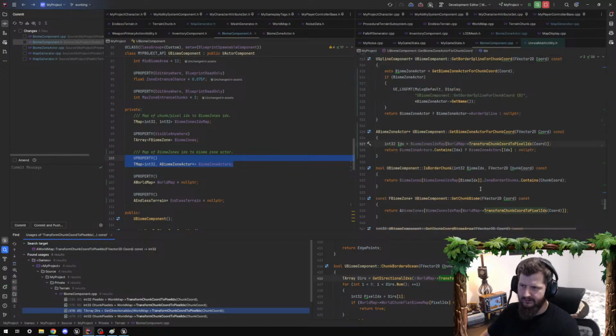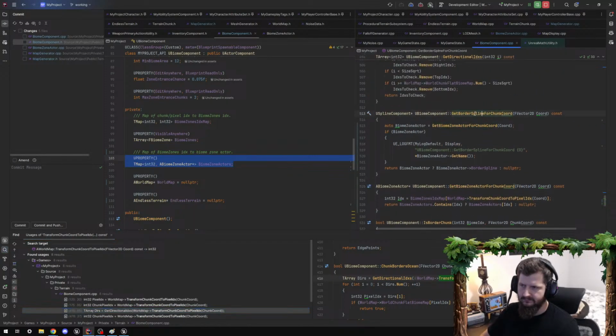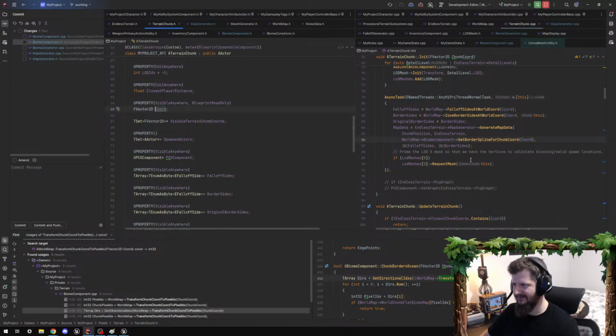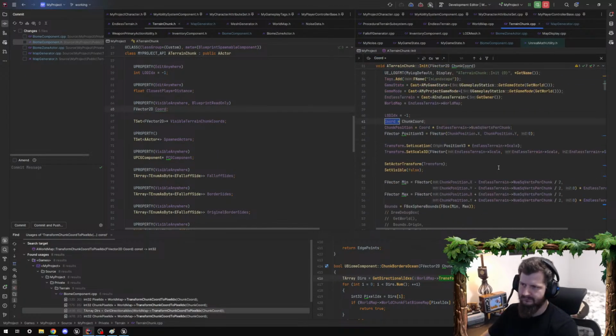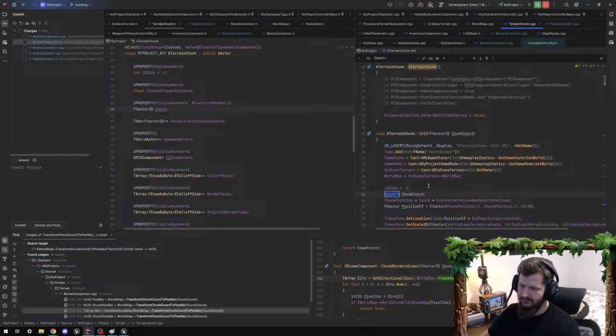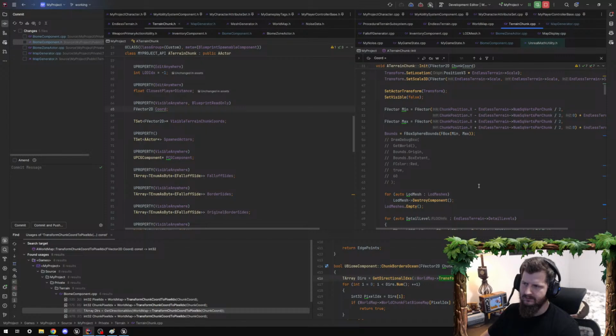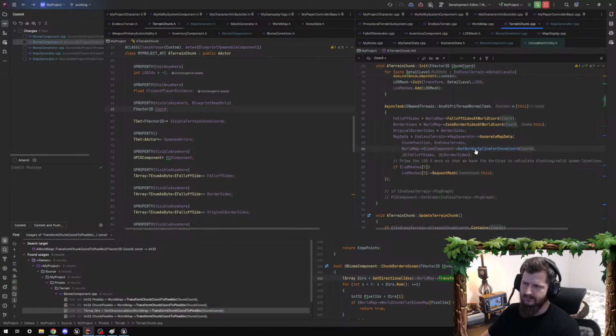So, what chunk coordinate am I passing in here? What is this? Coord. I mean, that's the chunk coord. Why on earth wouldn't that be correct?